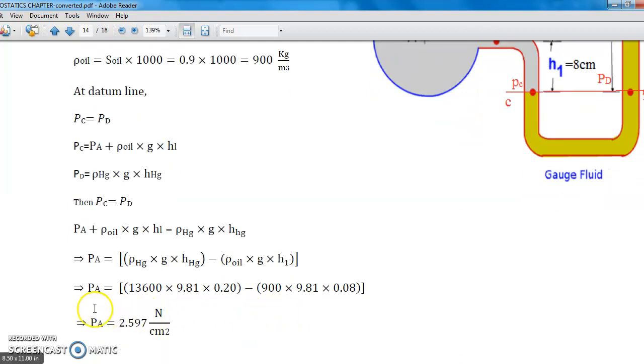Then you have to calculate PA is equal to, all of you know that the density of the mercury is 13,600, G value 9.81 and H2 value 0.20, minus 900 into G value 9.81 and H1 value 0.08.